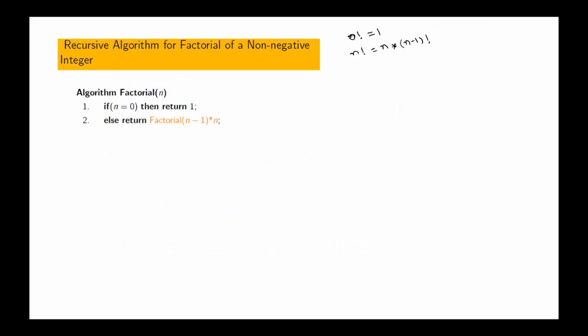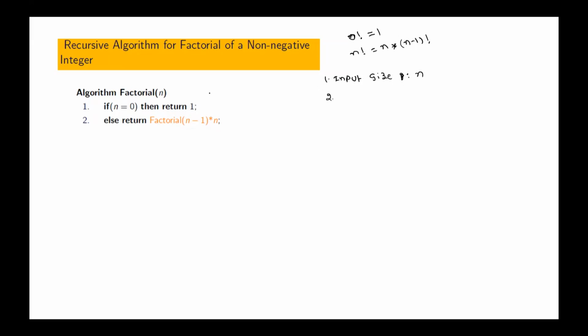Now you tell me, what is the input size parameter here? Parameter indicating input size. It is n. We can say it as n only. Okay, I'll elaborate on this maybe after some classes.